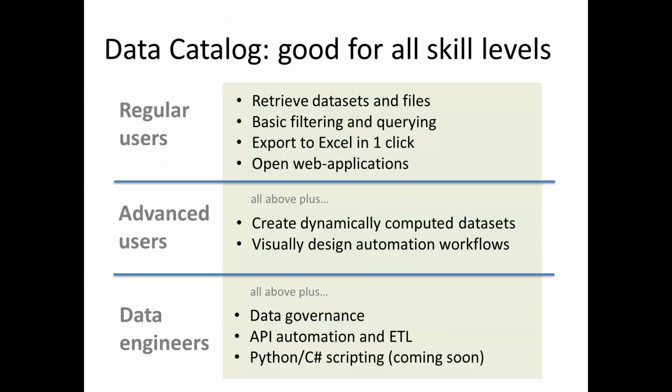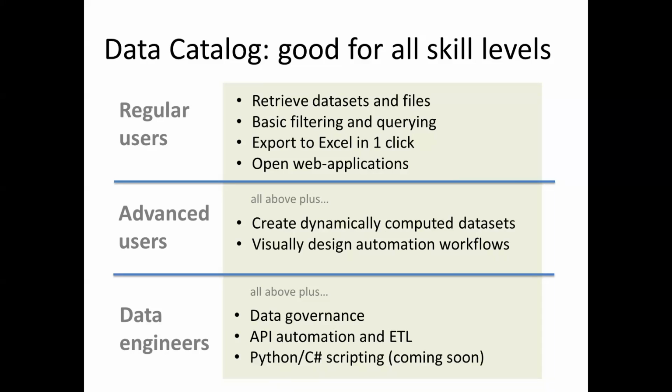The last slide before we jump to the demonstration. The data catalog is designed for different skill levels. It's designed to be suitable for regular users who only work with maybe spreadsheets and Excel and network folders, so they can retrieve data from the catalog in one click, export it into Excel, and keep working in Excel. It's suitable for advanced users who want to automate things more, who want to design dynamically computed data sets, maybe.